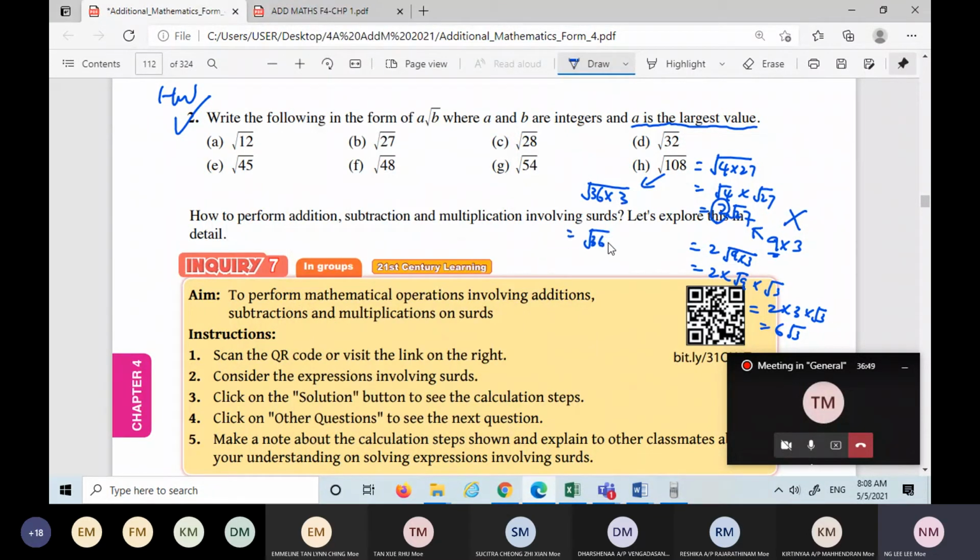So 36 and then 3. So 6 square root of 3. This is the answer. But it's not wrong if you do it in 2 steps, it's still okay. But that is not the final answer, you have to continue. This is the final answer. Now this is the meaning of a is the largest value.